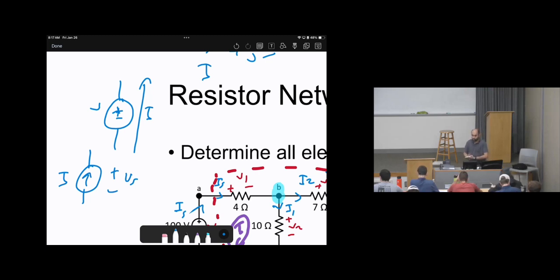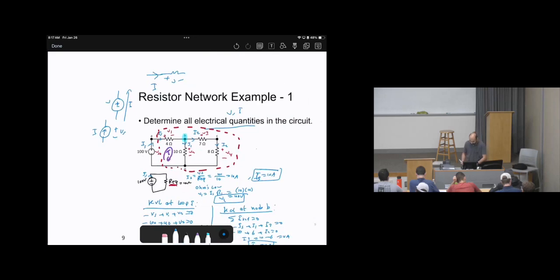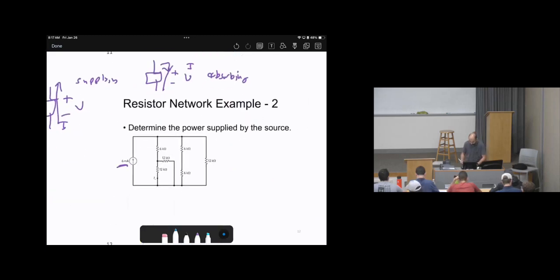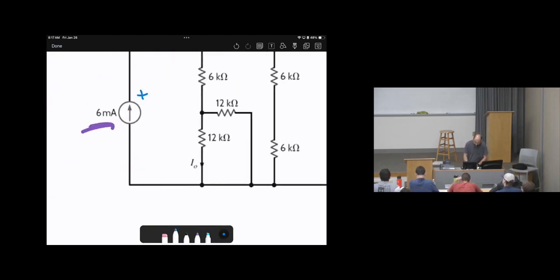If you have the choice to choose the voltage or the current, it is a must to make your choice the positive at the top of the arrow, the negative at the tail. I'm going to call it V source. This I will call I source. Okay? Does this make sense?